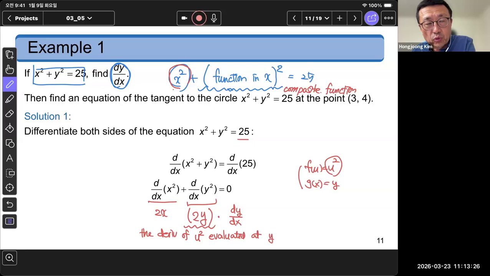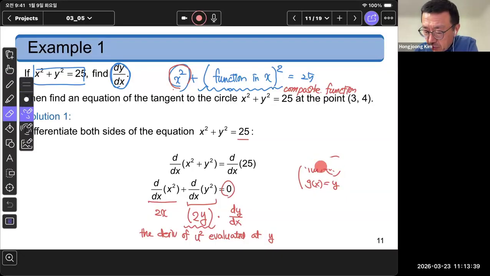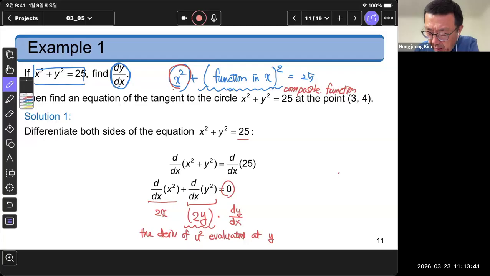The right hand side is 25, some constant. If I differentiate that with respect to x, then you get 0. So we have this equation, right? So I have 2x plus 2y dy dx is 0.